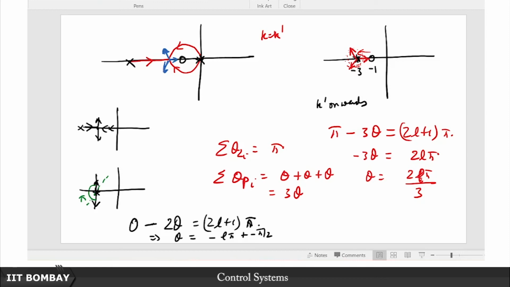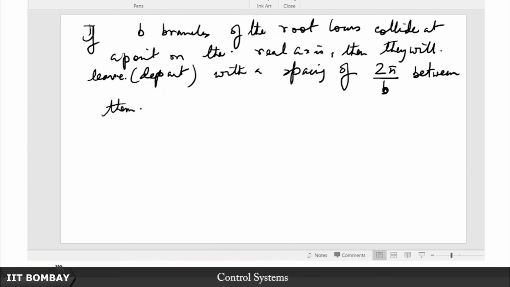This is an interesting idea that comes into the picture only once you have learned about breakaway and break-in points, about the so-called angles of arrival and departure, because ultimately what we are applying here is the angle of arrival and departure at the breakaway and break-in point, and also not to forget the idea of the continuation of the root locus.